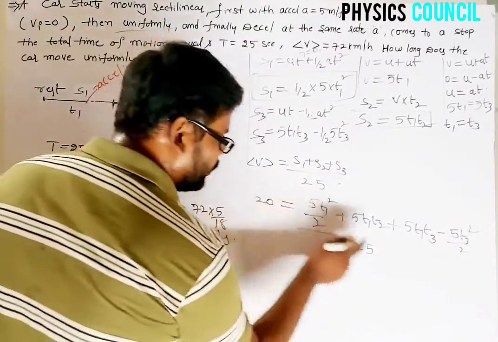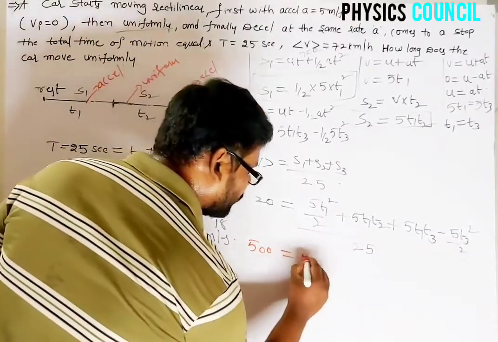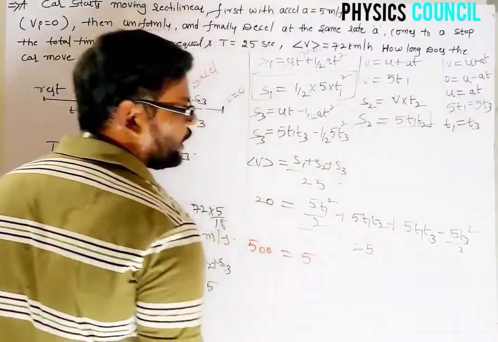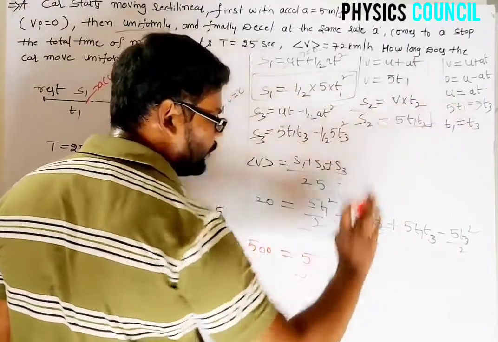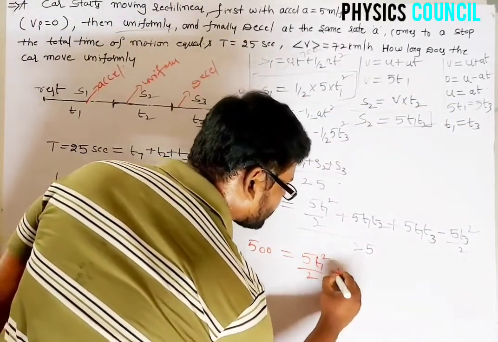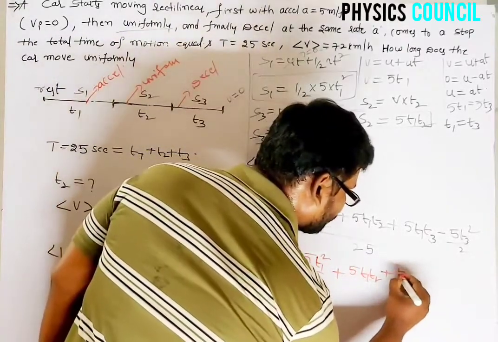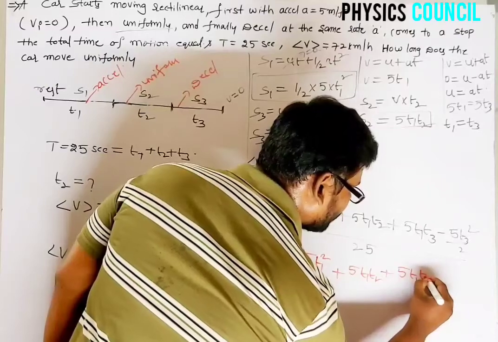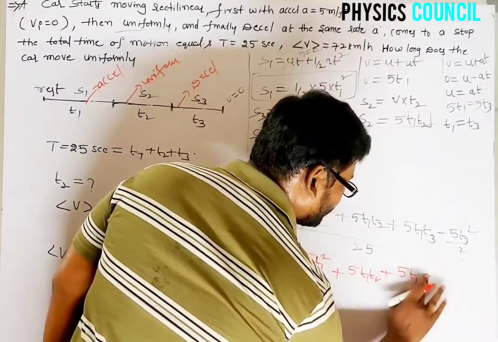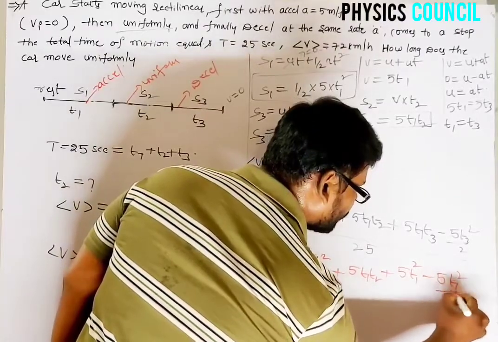So now 20 into 25 is 500, and t1 is equal to t3. In the place of t3 we can substitute the t1 value, so 500 equals 5t1 square by 2 plus 5t1 t2 plus 5t1 square minus 5t1 square by 2.